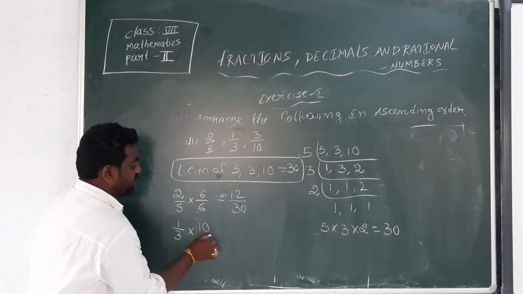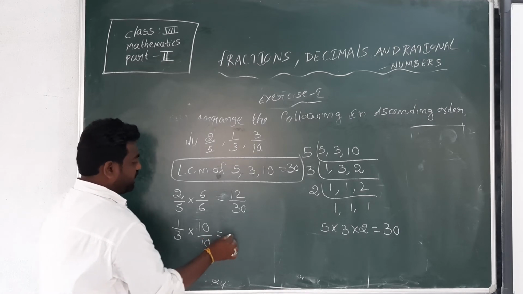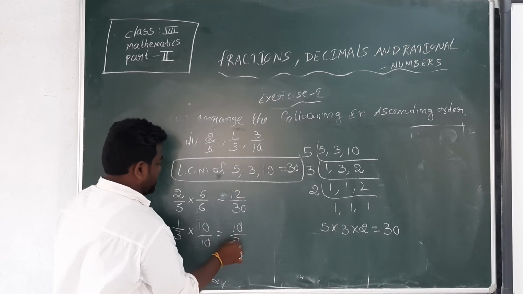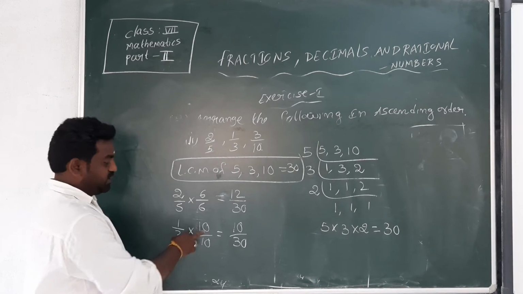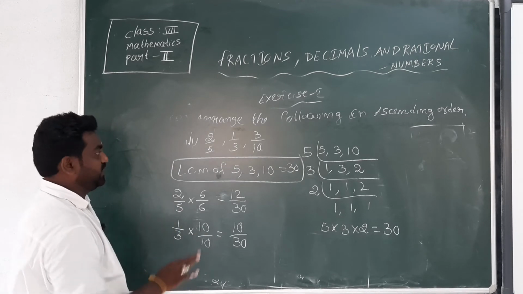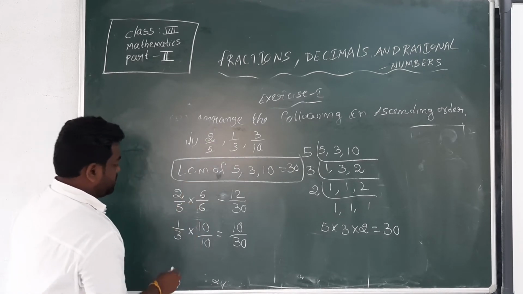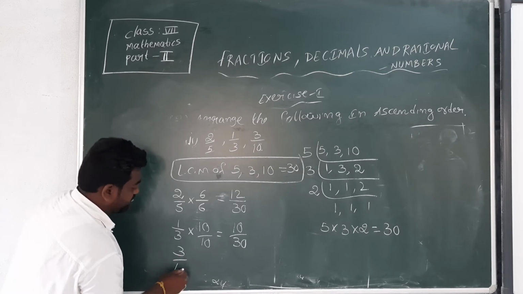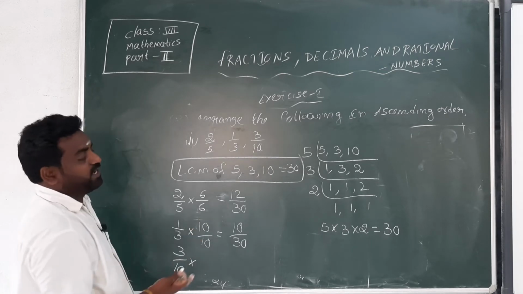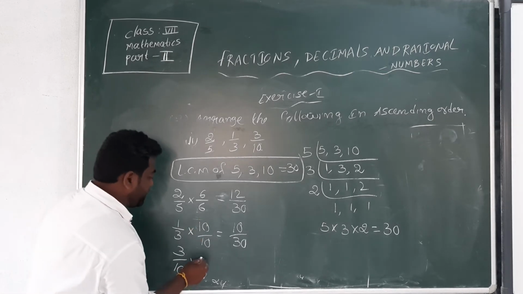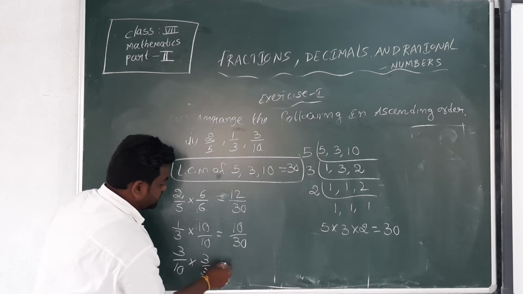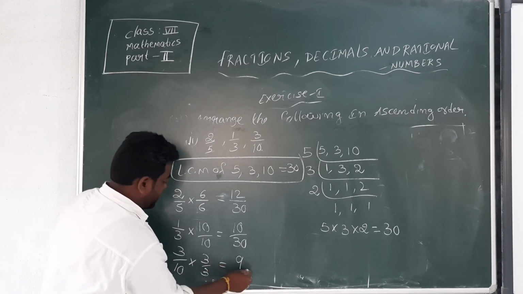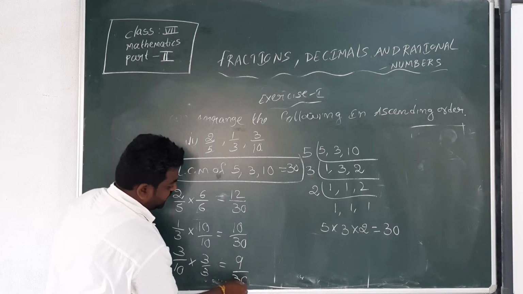So 10 by 10: 1 10 is 10, 3 10s are 30. Next 3 by 10. 10 table in 30, 3 times. So 3 by 3: 3 3s are 9, 10 3s are 30.